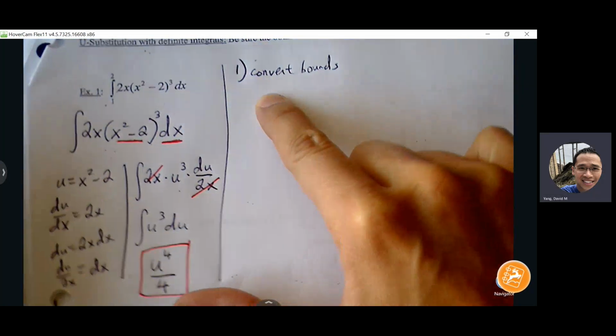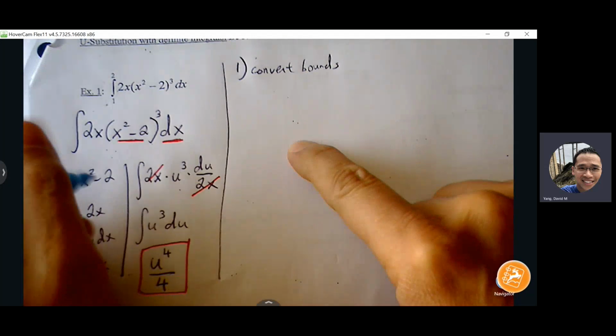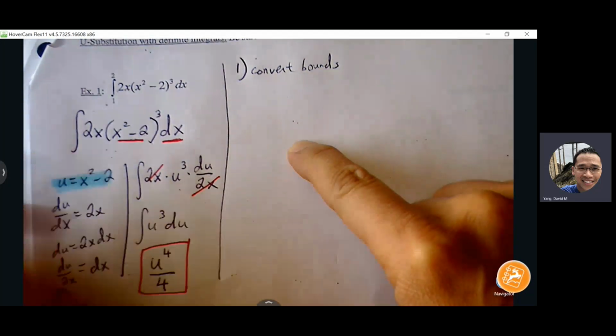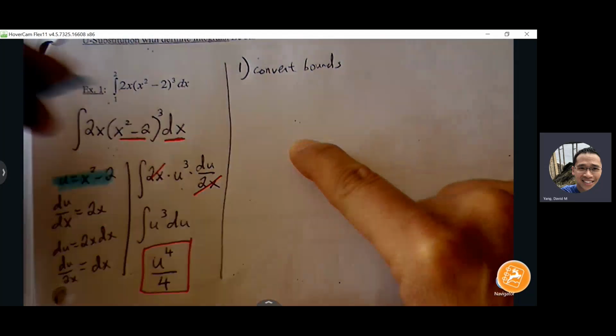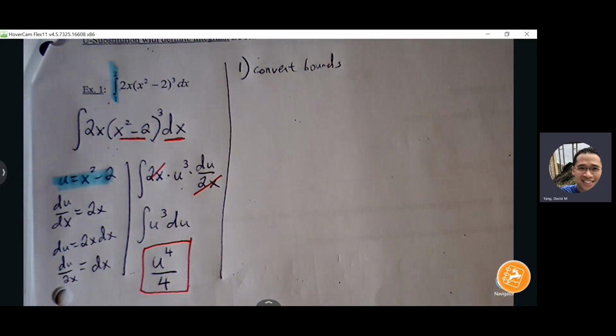Okay. So the way you convert the bounds is you're going to rely on your assigned expression that you built. Okay, so that u equals x squared minus 2, that's going to be how you convert those bounds.